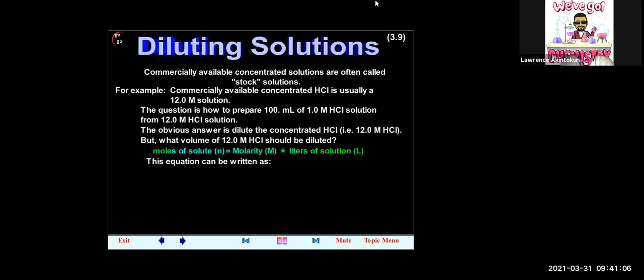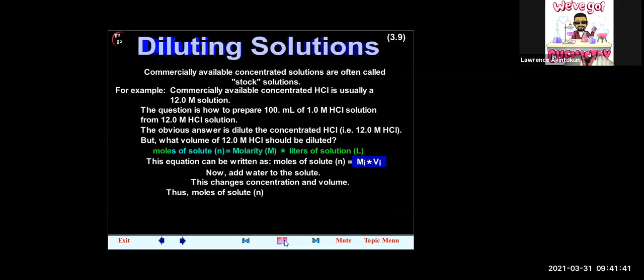This equation can be written as moles of solute, n, equals Mi times Vi. The subscript i stands for initial. Thus, Mi equals initial molarity, and Vi equals initial volume. Now, add water to the solute. This changes concentration and volume. Thus, moles of solute n equals Mf times Vf.